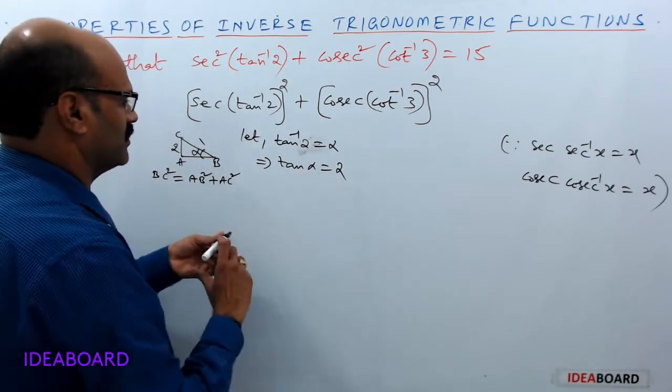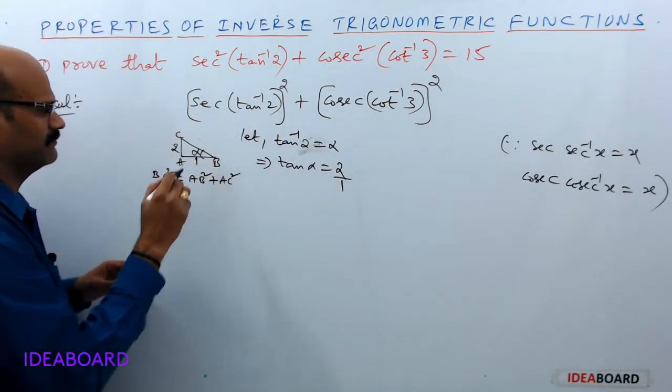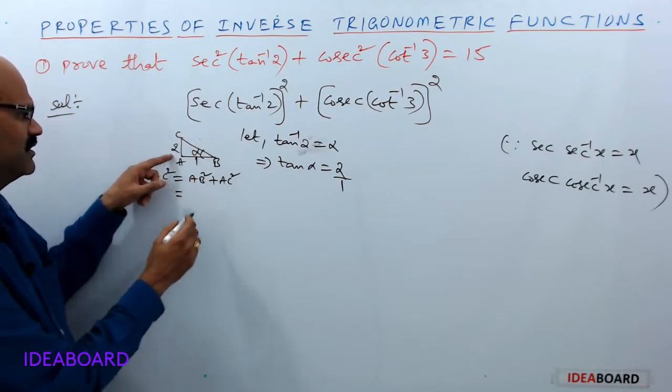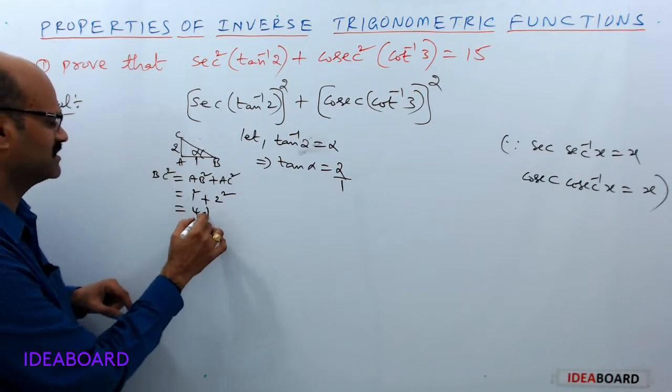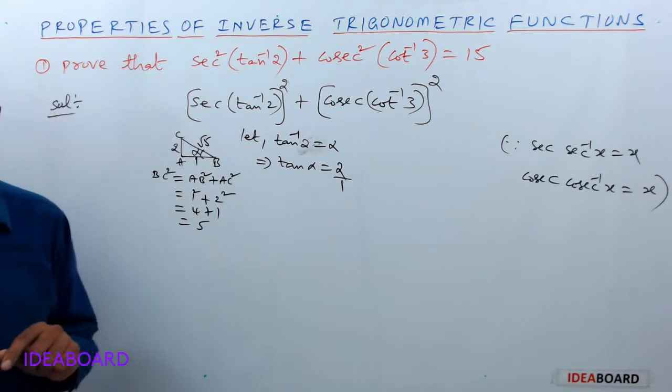So here we have to find BC square. It's equal to AB square equal to 1 square plus AC square equal to 2 square. So 4 plus 1 equal to 5. So BC equal to root 5.